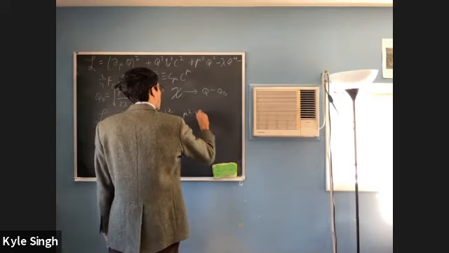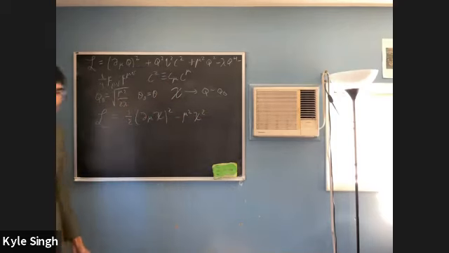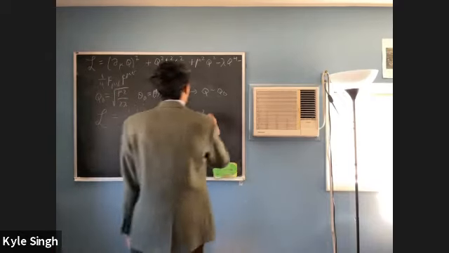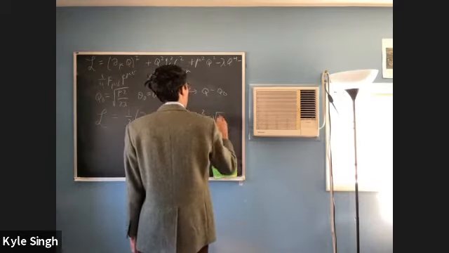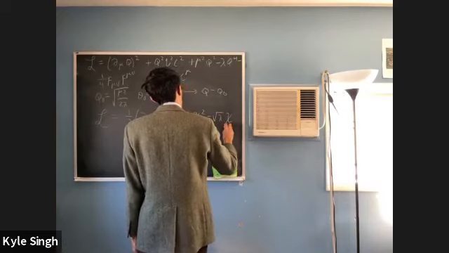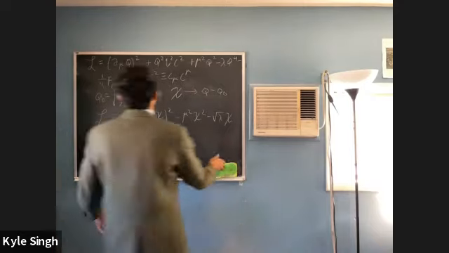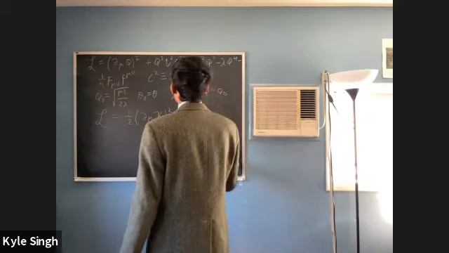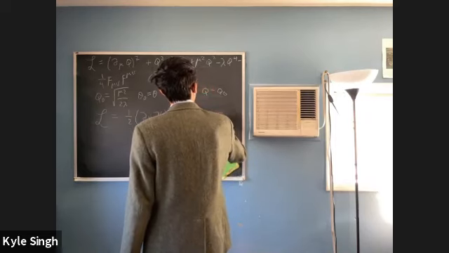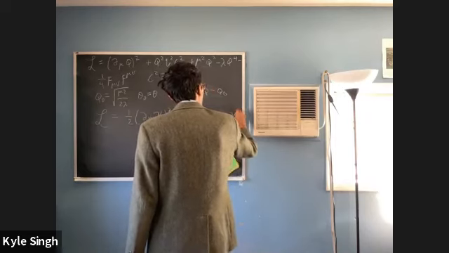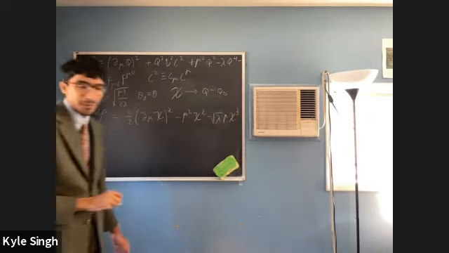Minus mu squared pi squared. Minus square root of lambda pi. Wait a second. Yeah, square root of lambda mu chi cubed. I have to go term by term slowly.